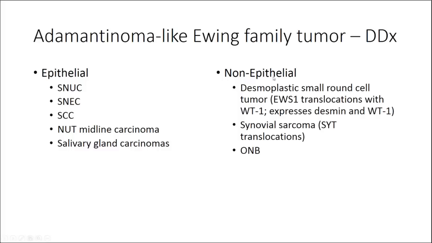In addition, something you may think about in this area that would have an EWS translocation would be a desmoplastic small round cell tumor. In these, the translocation involves the Wilms tumor gene, so you should have expression of Wilms tumor protein in the lesional cells if it is that lesion. In our case, that was negative. So the pathologist thought to do both of those stains for the differential of this Ewing family tumor.